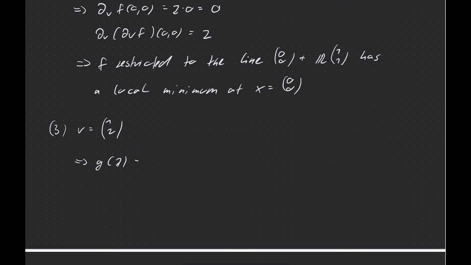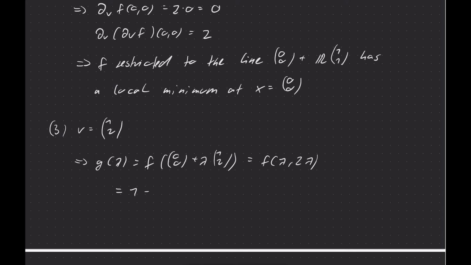Okay, then we get g of lambda equals, again, f of 0, 0 plus lambda times 1, 2. So in this case, we get f of lambda and 2 lambda. And that means the behavior is now a little different.